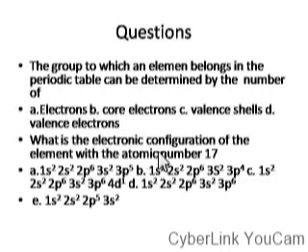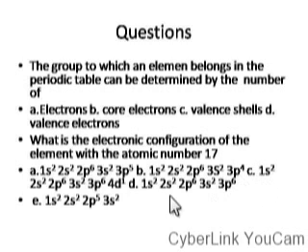Then what is the electronic configuration of the element with the atomic number of 17? So we have 17 electrons to share, and we know the order by which we have to write the electronic configuration: 1s, 2s, 2p, 3s, 3p, and so on. So option A is obviously correct. The other options are wrong. Option B is wrong because the number of electrons there is not complete.